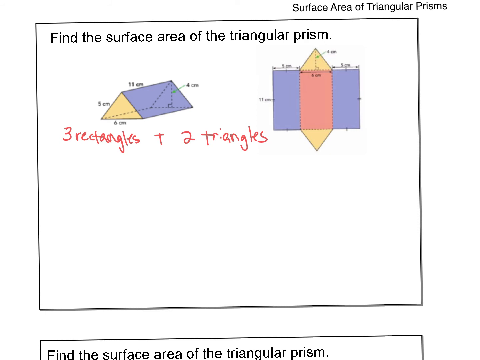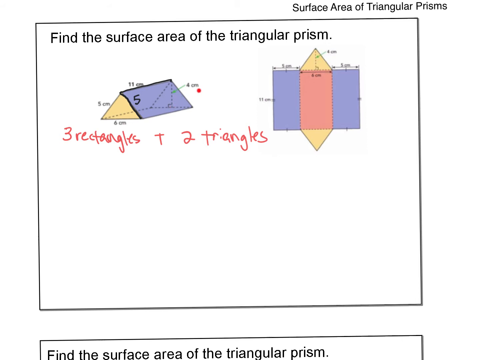All right, so let's first just go easy and find the area of our 3 rectangles. So this rectangle right here, my first one, this purple rectangle, it has 11, and we have to look really carefully at what our side measurements are. So this side right here is going to be a 5. Now this one, and you can zoom in a little bit, this 4 right here, it almost looks like it could be this measurement. But look really carefully at this arrow, and it's telling us that the 4 is actually for this dotted line in the triangle.